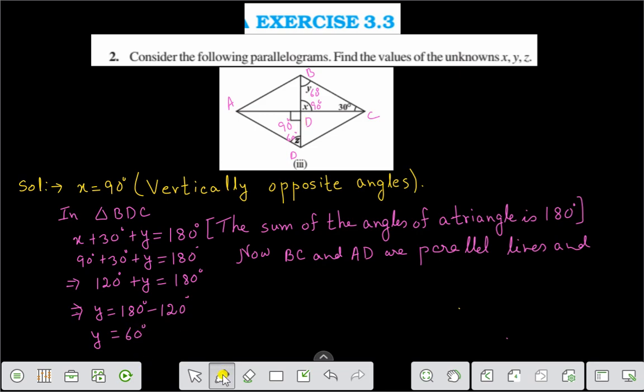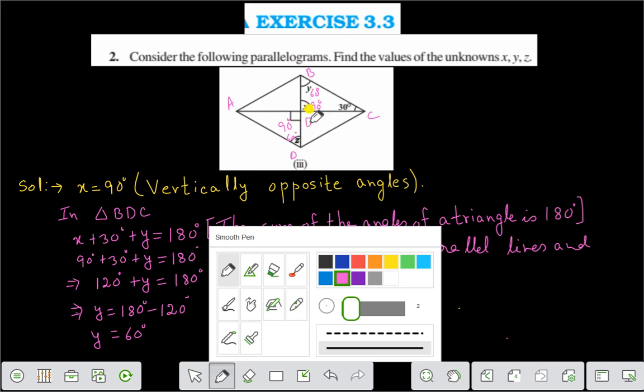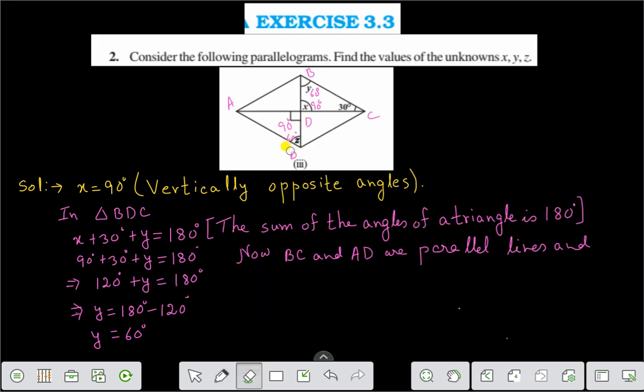We have taken another name, that is ABCD, and suppose this is E. Now BC and AD are parallel lines, and BE is the transversal.